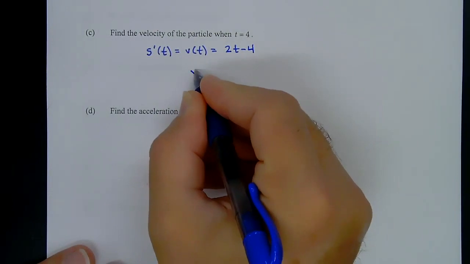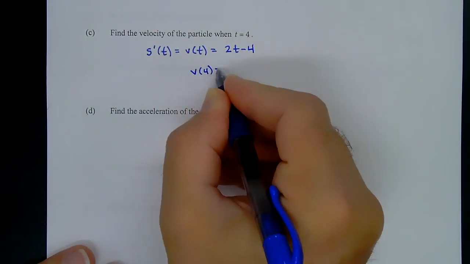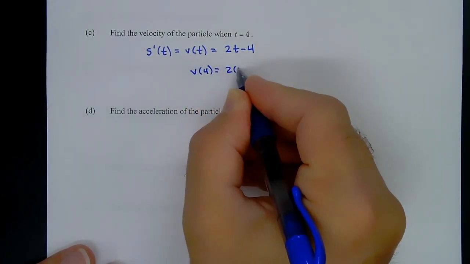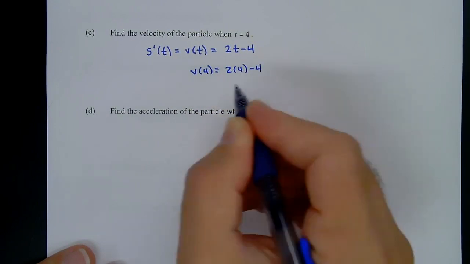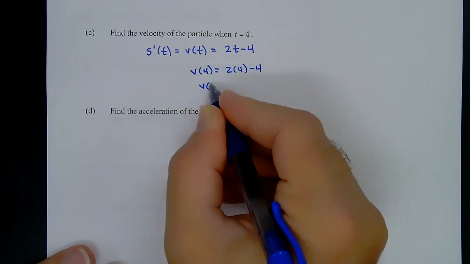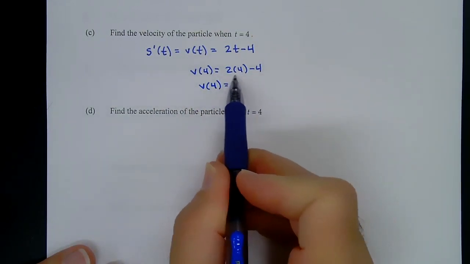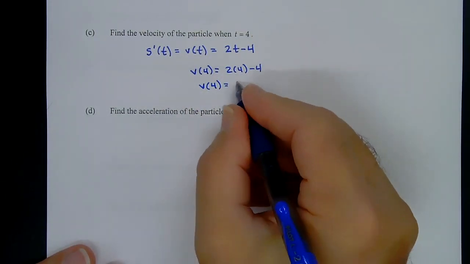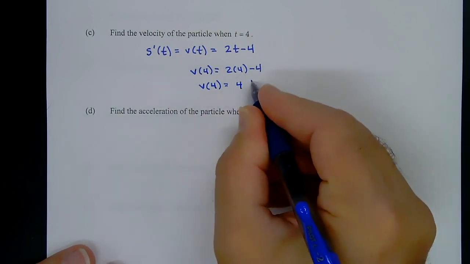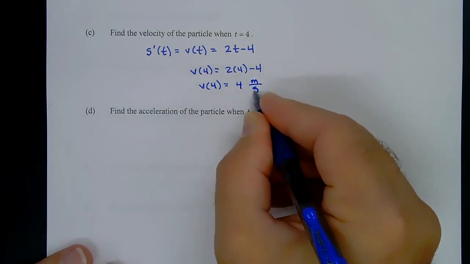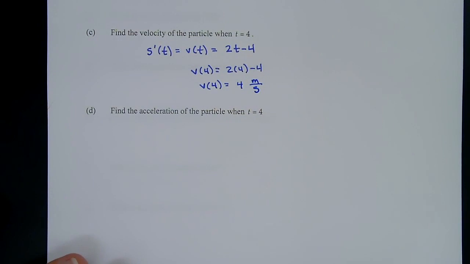And then we could find v of 4 by putting 4 into this. So that'd be 2 times 4 minus 4. So that would give us the velocity at time t equals 4 as 2 times 4 is 8, and 8 minus 4 is 4. And the velocity units would be meters per second.